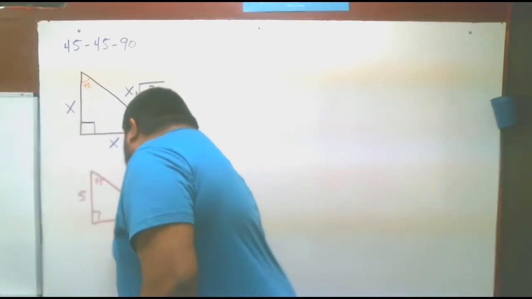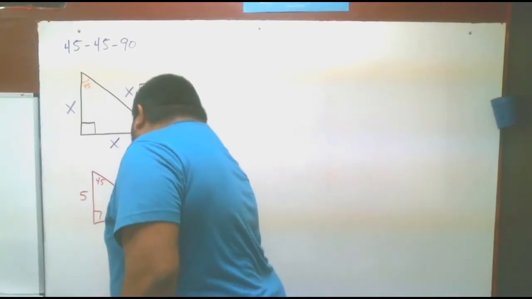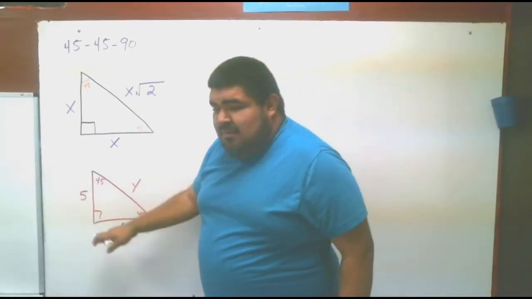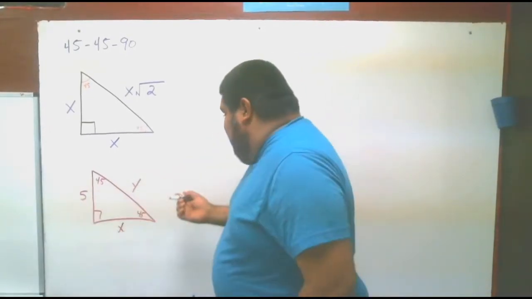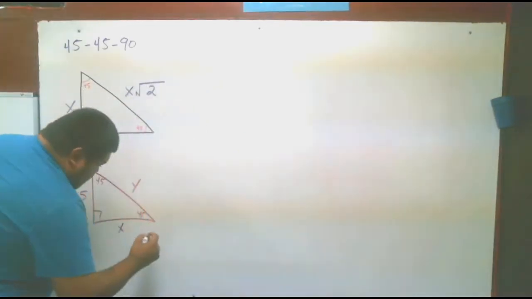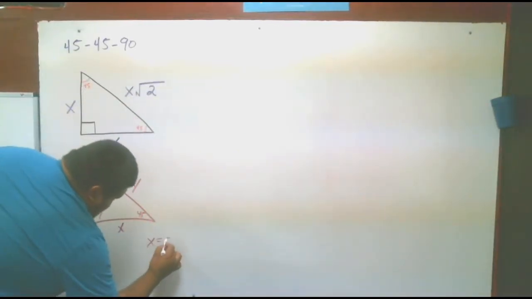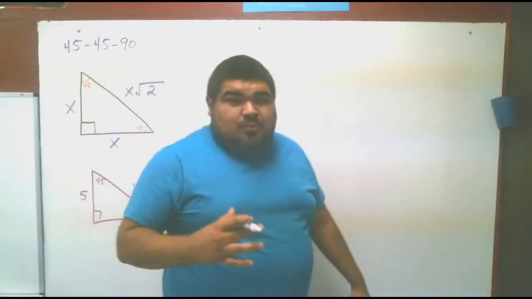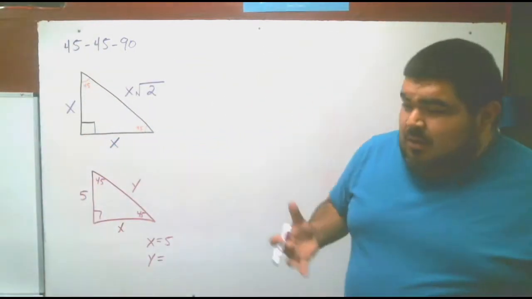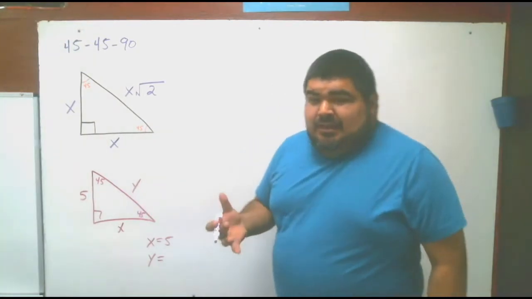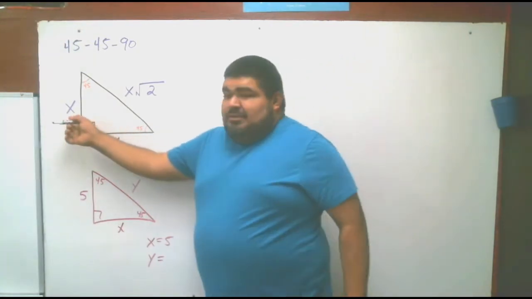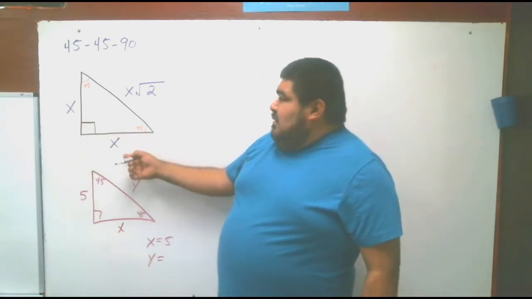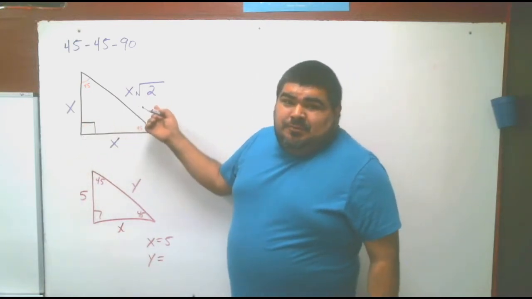So let's say we're solving for x, and we were solving for y. So we know what x is. Again, x is 5. So if we were solving for x, we will say x equals 5. Y equals, we don't know what y equals yet. But we know that the rule states that whatever number's on the sides is multiplied by radical of 2.